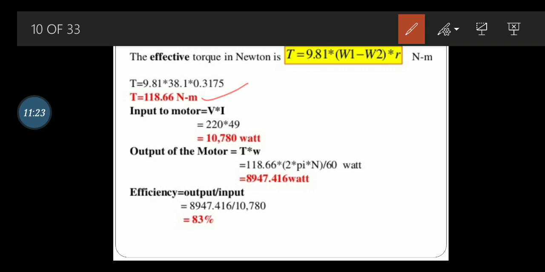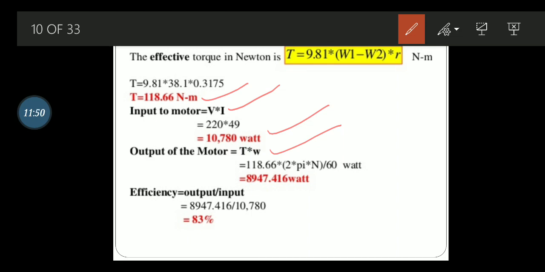Then the input to the motor is the product of supply voltage and current, that is 220 volt and 49 ampere. So we get the input power to the motor as 10.780 kilowatt.